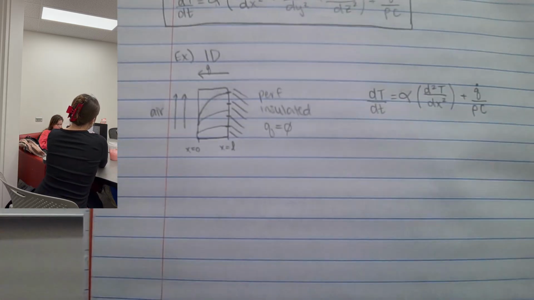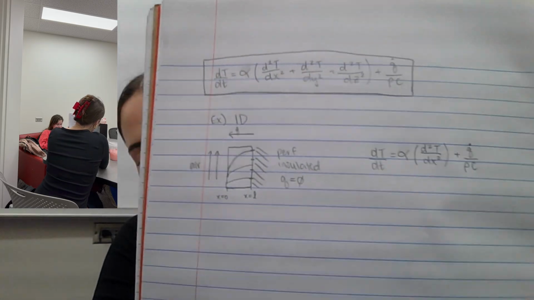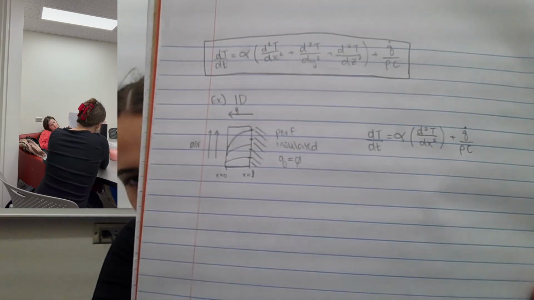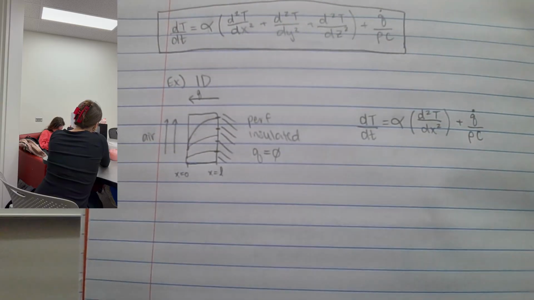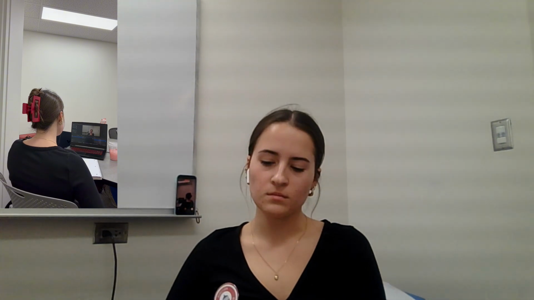So this is our simplified equation here. Since we're not looking at the y or z direction, we're not going to have those terms in there. It's just going to be the x direction. Now we want to look at this through Fourier's law because we want to see how this temperature profile is going to change.